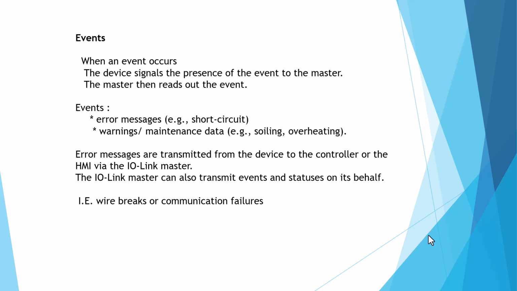Error messages are transmitted from the device to the controller or the HMI via the IO-Link master. The IO-Link master can also transmit events and status on its own behavior, for example, wire breaking or communication failure.